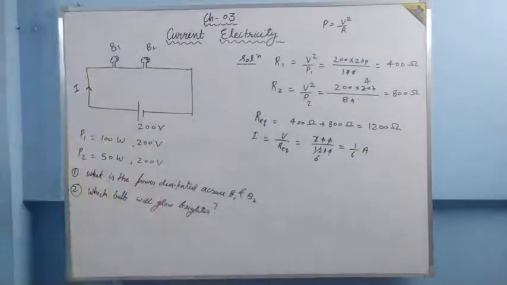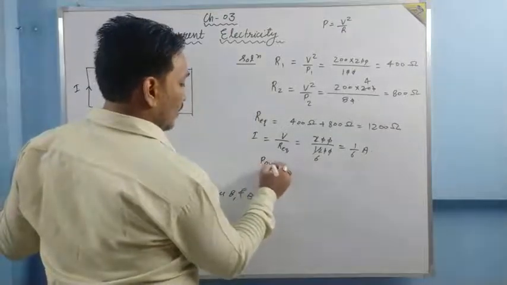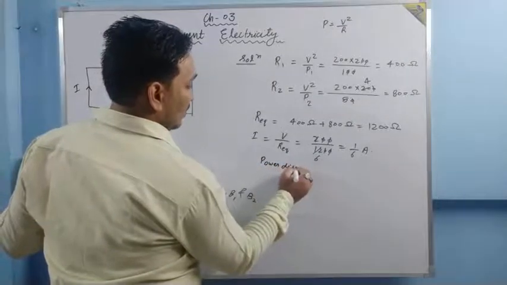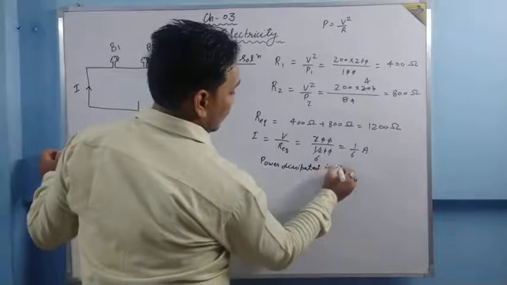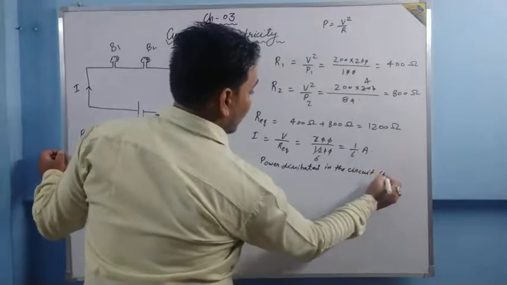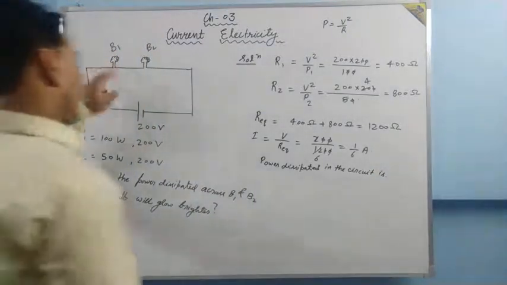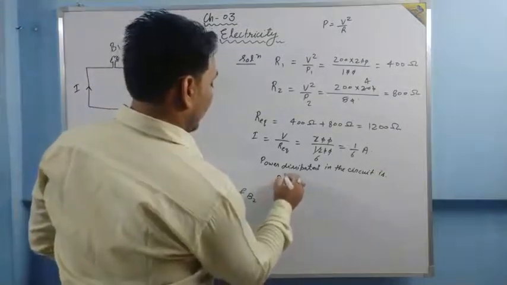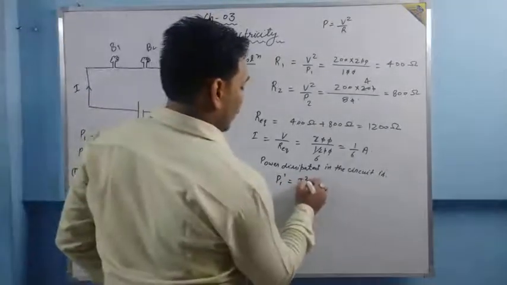Okay. Now the question is, what is the power dissipated across the bulb B1 and B2? Power dissipated in the circuit, for the first one, P1 dash is equal to I square into R1.